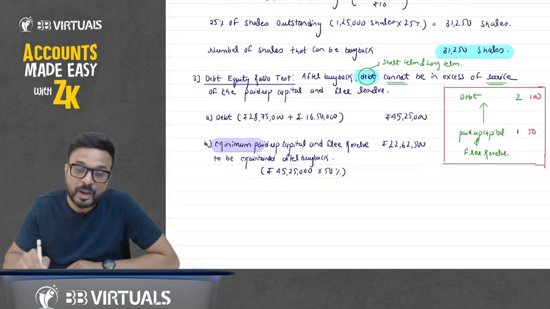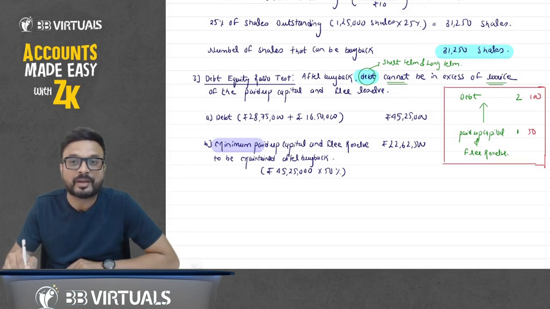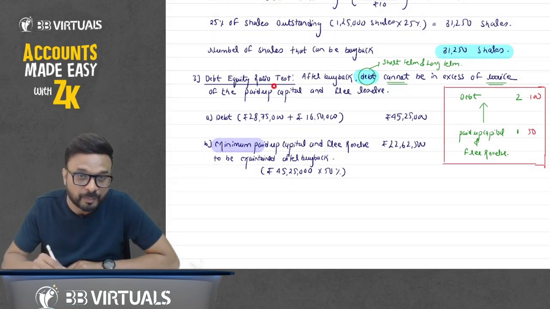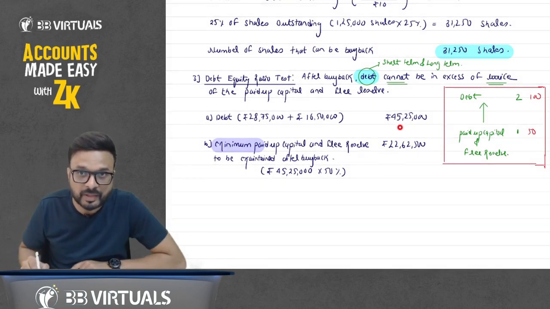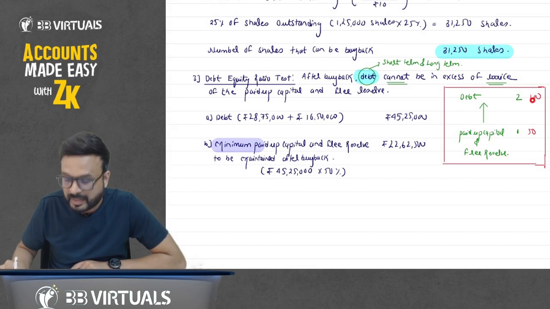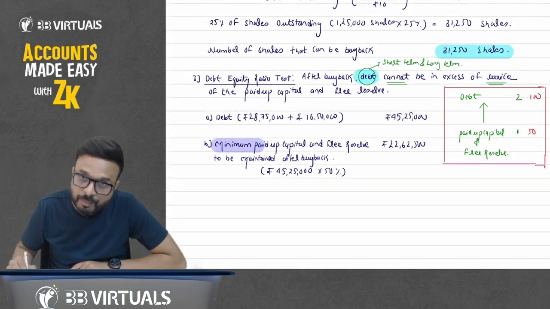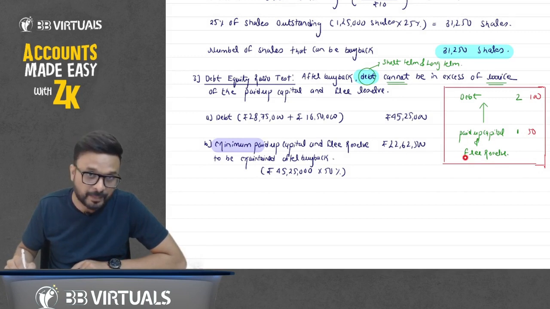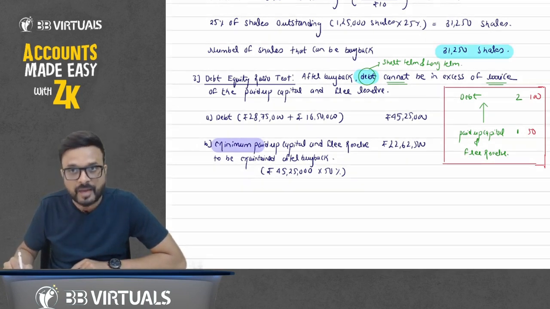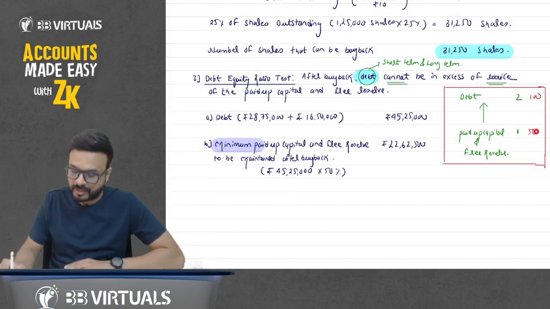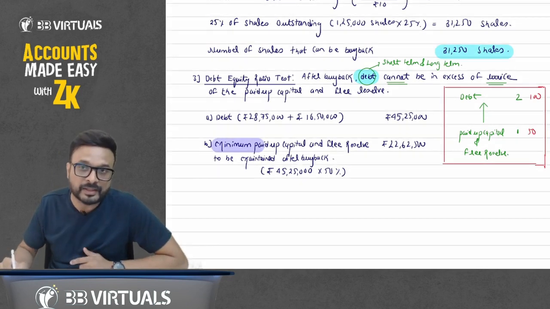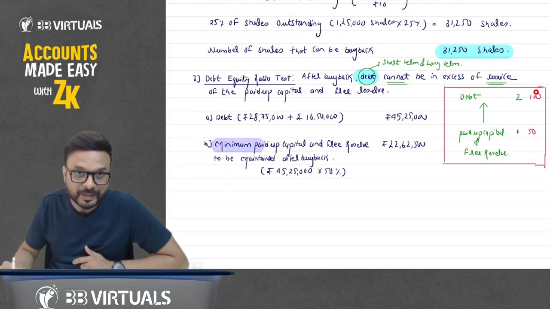So your debt cannot be in excess of twice of paid up capital and free reserve. It means if your current debt is 45,25,000, and I take it as 100, then 50% of this debt should be maintained in the form of paid up capital and free reserve. If it is lower than this, it will be a violation. If you take 40, twice of 40 is 80, and your 100 is more than 80.